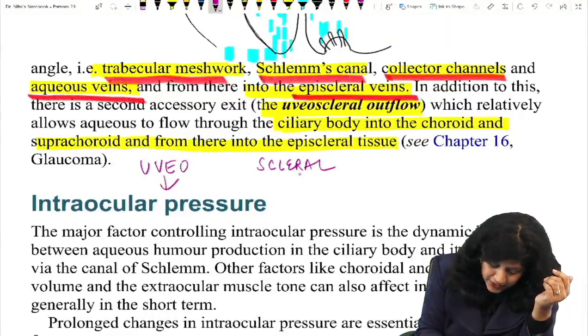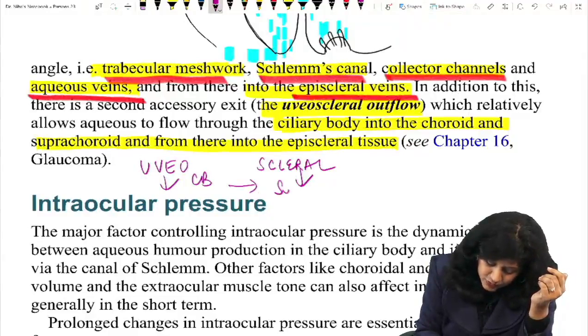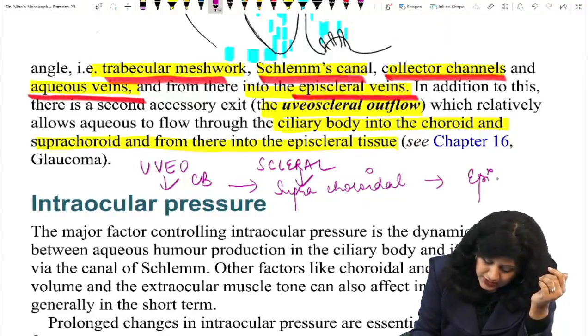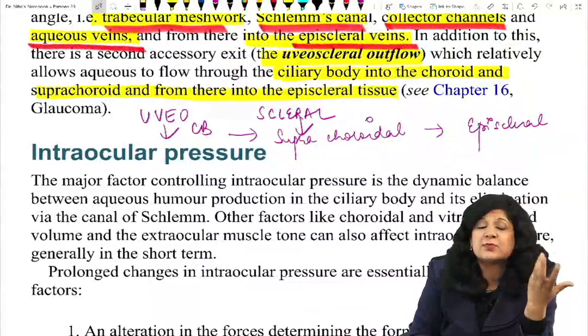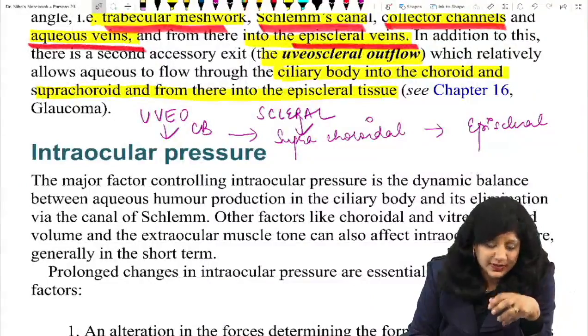So it is coming from the ciliary body, then going into the suprachoroidal circulation, and from the suprachoroidal circulation into the scleral tissue. So it is a smaller route and it is mainly through the veins.